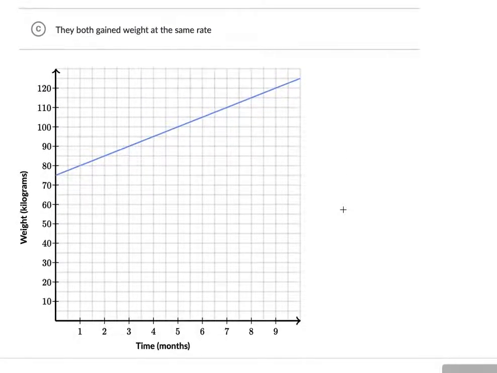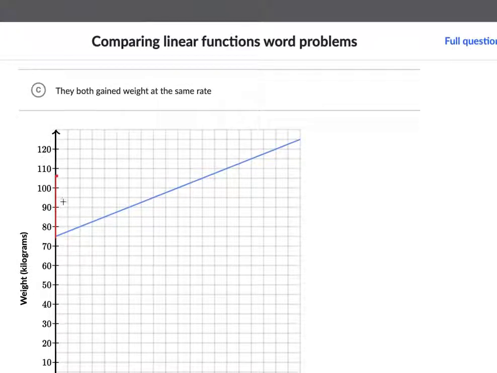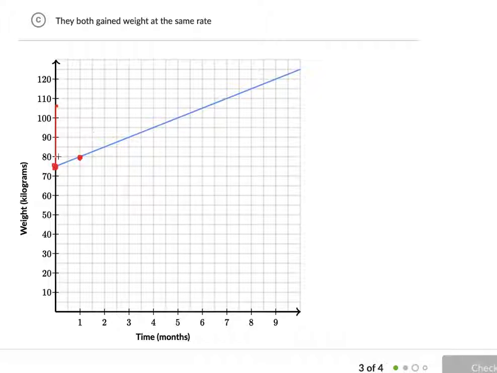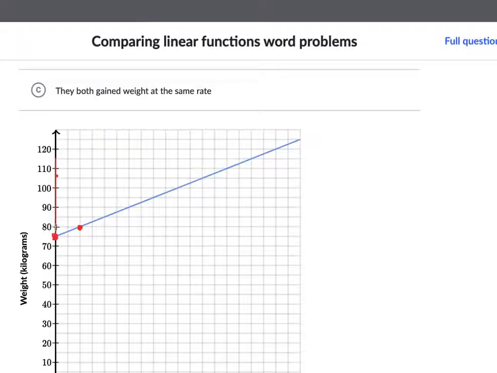Okay, so for this one, to find slope, I can use rise over run. So here's the first point, and here's the second point. So in order to go from this point to the other point, making my triangle, I'm going to go up 1. So that one jump is from 75 to 80. So it's really going up 5.